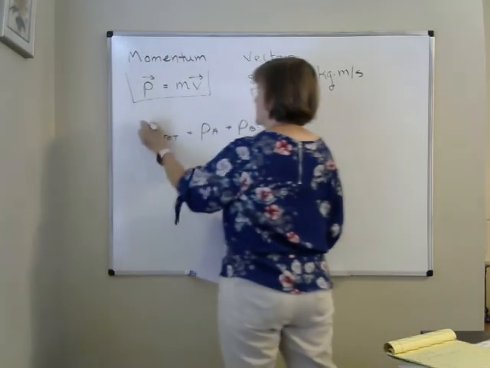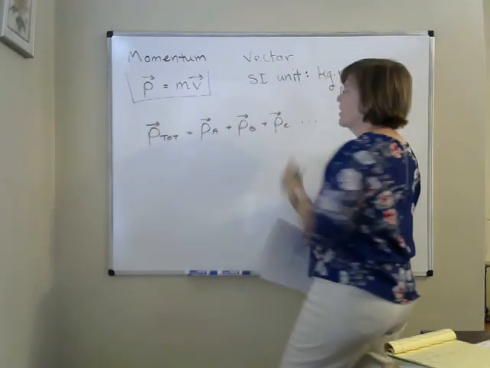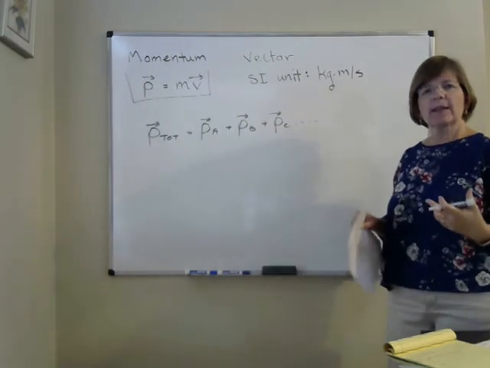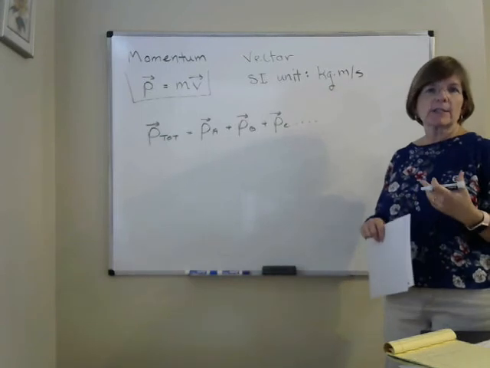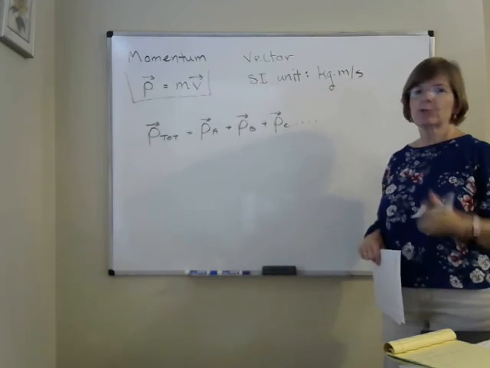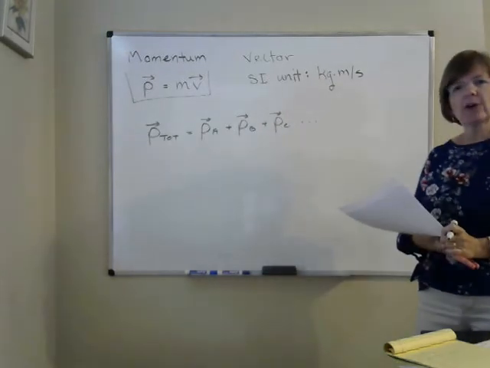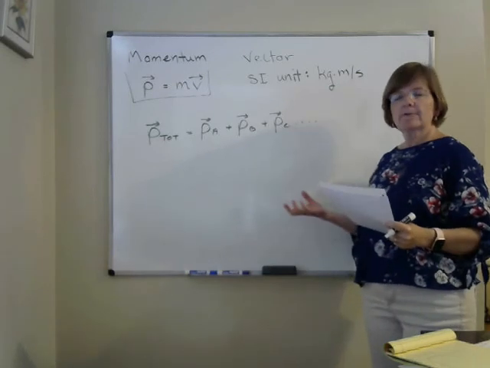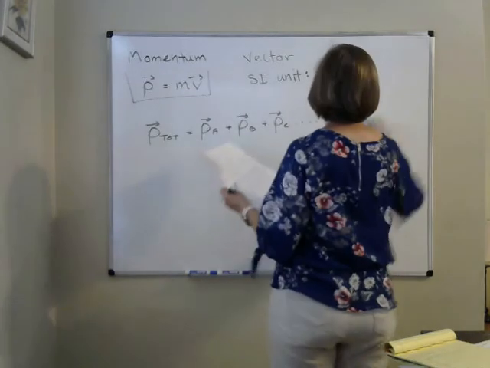And of course, these are vectors. So it's not simply adding them up per se, it's a vector sum where you have to really think about direction. Now, we're going to keep our system small. How small? 2 objects. It gets really complicated if we let more than 2 objects in our system. So let's just find the total momentum of a system that has 2 objects.